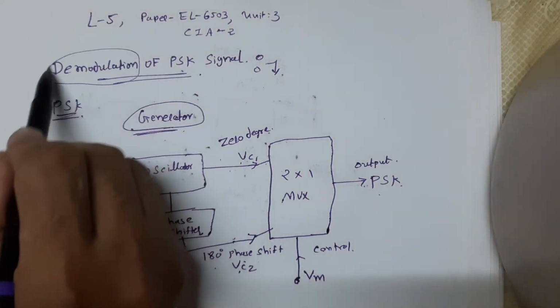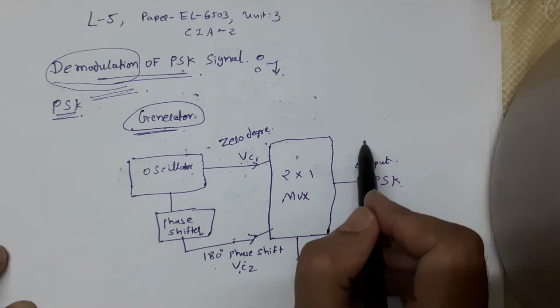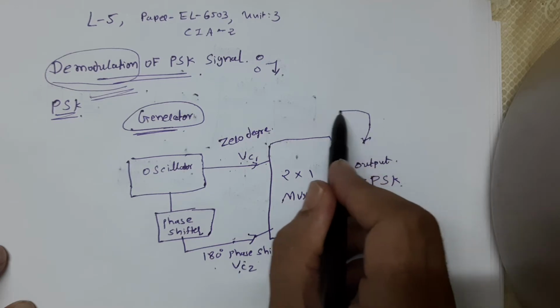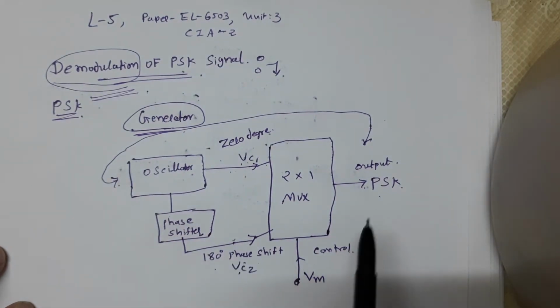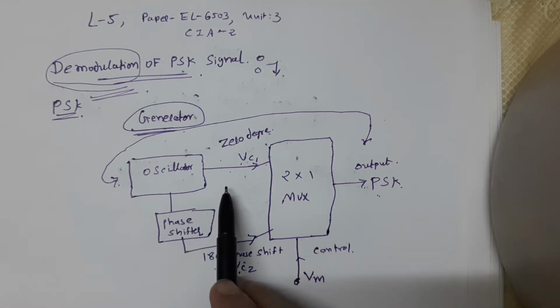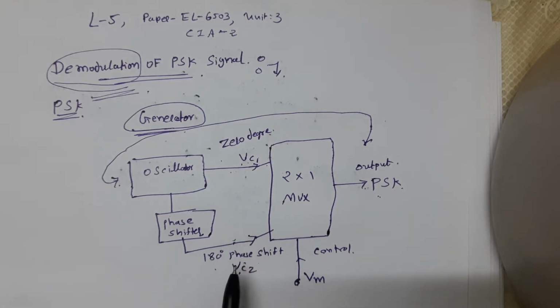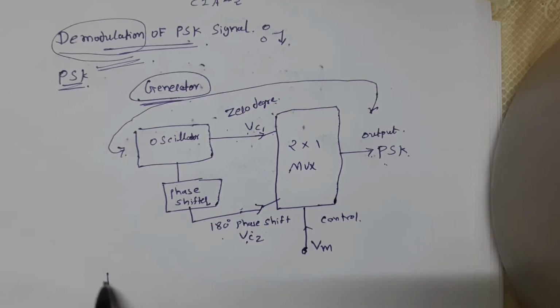The demodulation process means the reverse process: conversion from PSK back to our original signal, which is known as demodulation, and here we are discussing the demodulation of PSK signal.